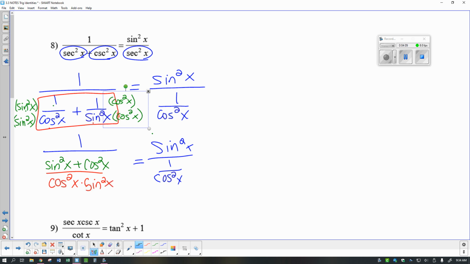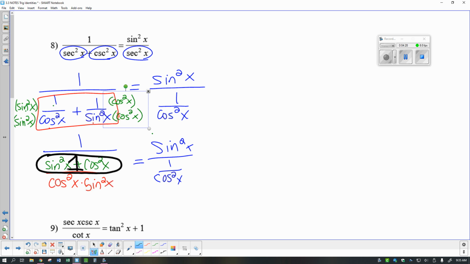All right, then I'm still looking at the left-hand side, and I look at this, and I look at one of my Pythagorean identities, and guess what that equals? That equals 1. So this new numerator is now 1. The numerator that's in the denominator, if you're trying to be more specific.